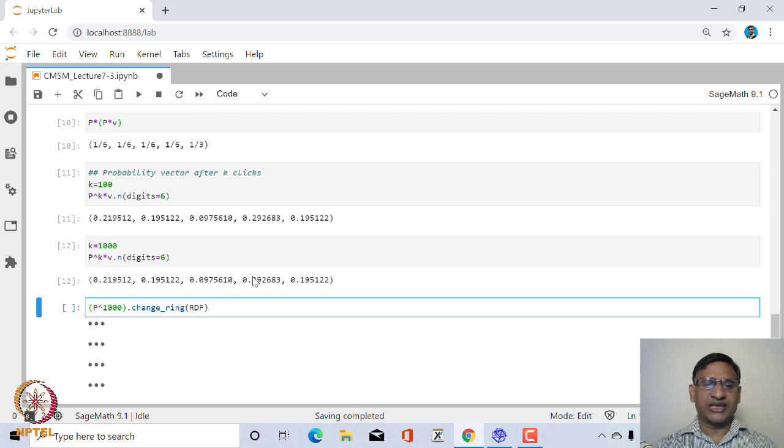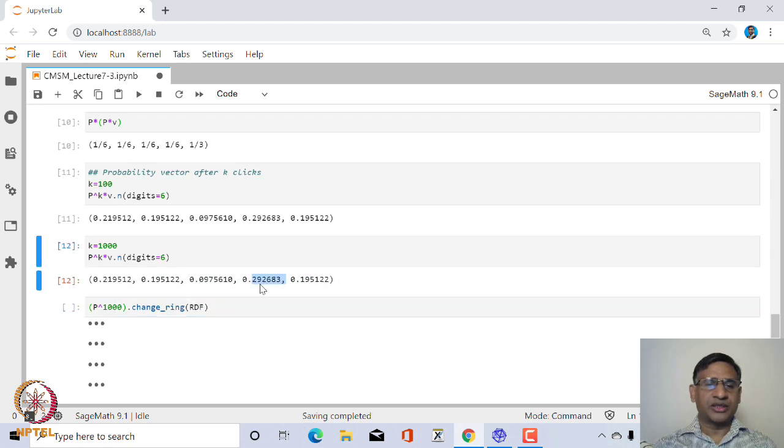So for example the maximum is this, so that is the probability of it being at website 4 is 30% and so on. The second probability is this, and then these two have almost equal probability, and then this is the last one, right. So that is how you can obtain the importance of the website.